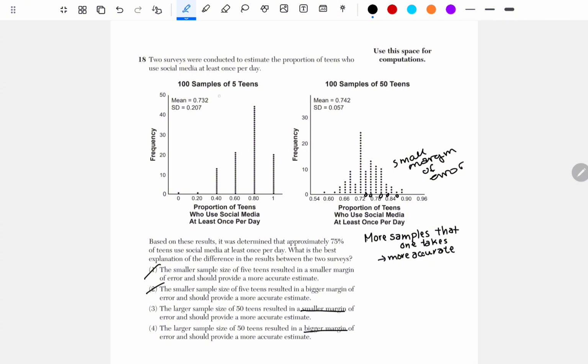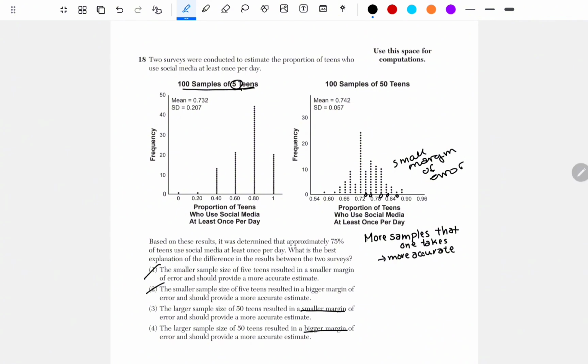Whereas if we look at the sample of 100 of 5 teens, so we're taking the same samples, but the sample size is bigger. So we're getting more samples, more people in the samples. We're doing 100 samples each, but the first sample only took 5 teens, second sample took 50 teens. So the bigger the sample size, how many people are in the sample, the more accurate it is, and the smaller margin of error that we get.